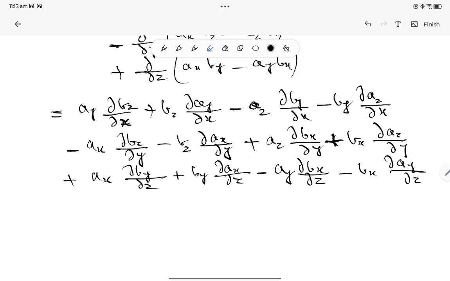what you have to do now is to collect the components of b and a separately. So you have, for example, b_x, b_y, b_z, three components of b, and you have a_x, a_y, a_z. So those terms, we will group them into two. We will actually make two groups. In one group, we will get b_x, b_y, b_z terms, and in another, we will get a_x, a_y, a_z terms.